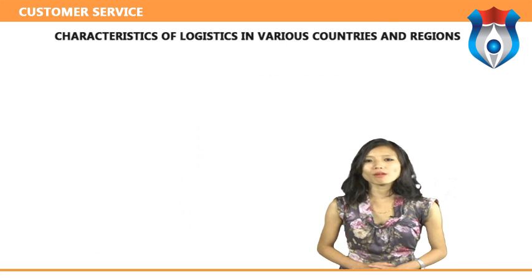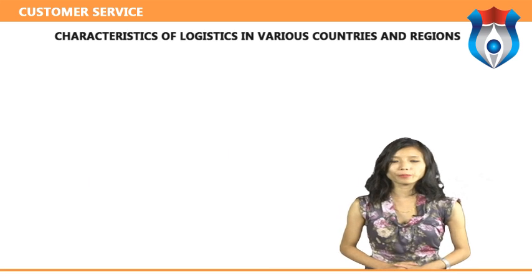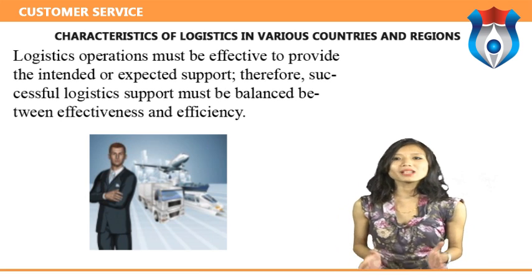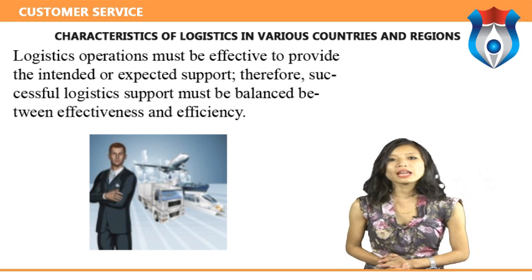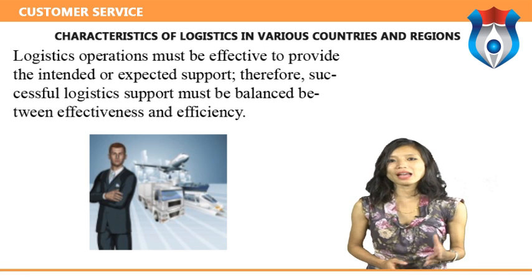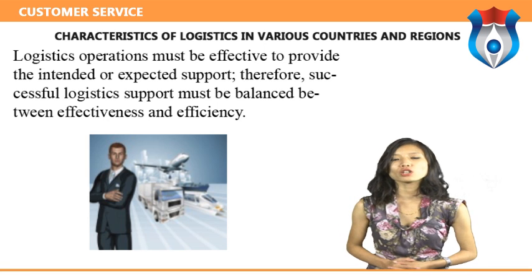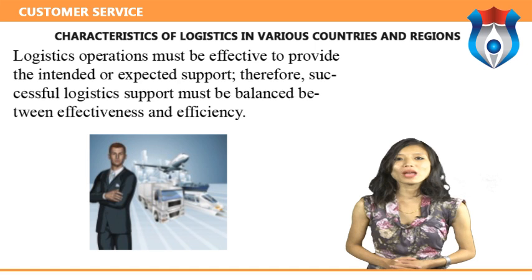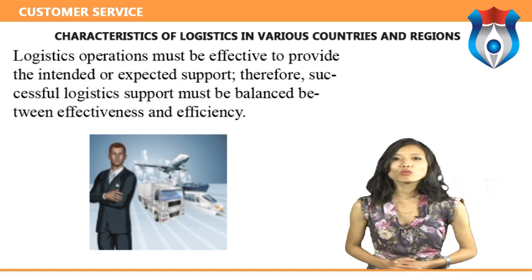Let's talk about characteristics of logistics in various countries and regions. Logistic operation must be effective to provide the intended or expected support. Therefore, successful logistic support must be balanced between effectiveness and efficiency. Logistic operations are characterized by being able to anticipate requirements, integrate joint and multinational logistic support and improvise solutions, and by being responsive and continuous.